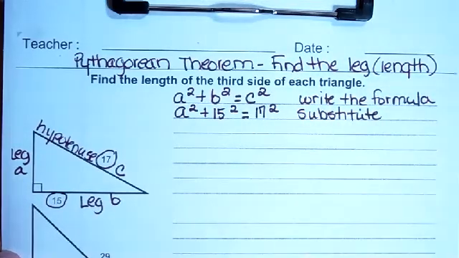Now, here's where the work is going to be just a little bit different because I've got to solve this equation for A. Okay, notice the 15 and the 17 squared, they're on different sides of the equal sign. Okay, so what I'm going to go ahead and do in this next step is square 15 and square 17.